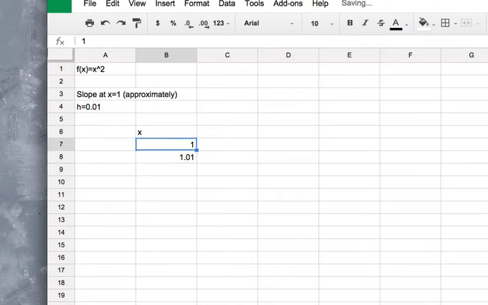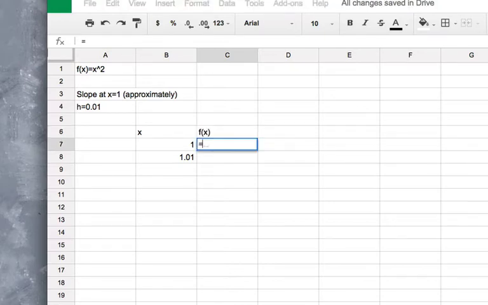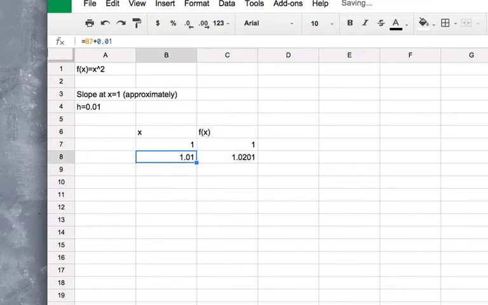So those are my two x values, and then I need f values. So what are the values of f? Well, here I can put equal x squared, but the spreadsheet doesn't know where x is, but it does know the value of x I'm interested in. It's in cell B7. So the function at 1 is just going to be B7 squared. And then I can copy that formula to the next cell, and that is 1.01 squared. So these are the two values of the function, these are the two values of x.